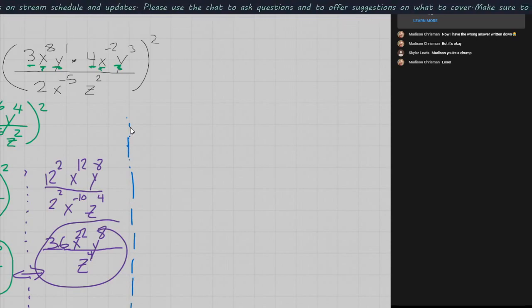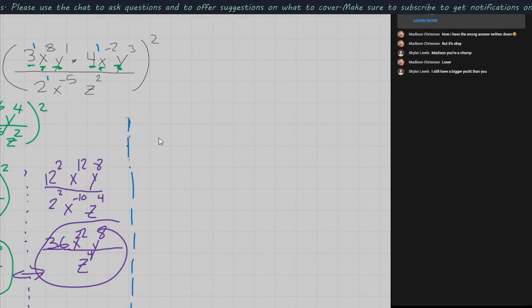So this is if you had multiplied in first. So again, that's 3 to the 1, 4 to the 1, and 2 to the 1. You have to give those two. So 3 squared becomes 3 squared. X to the 8th squared is going to be x to the 16th.